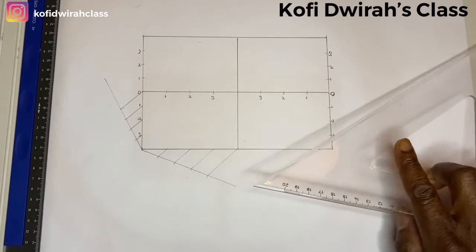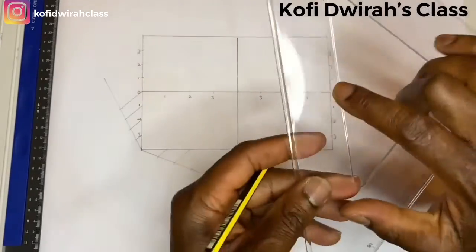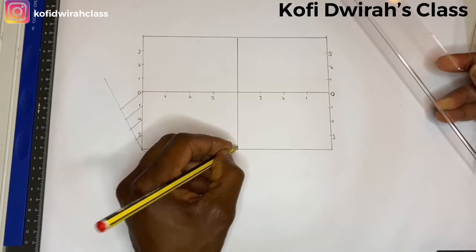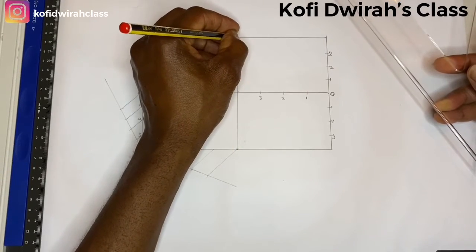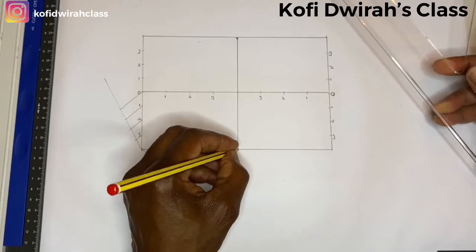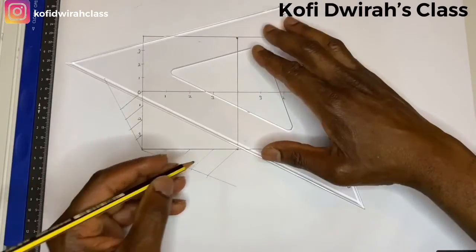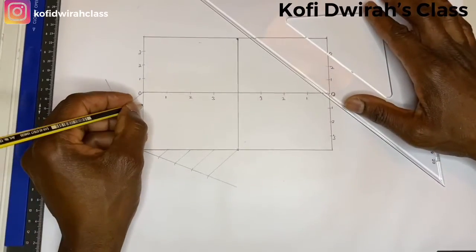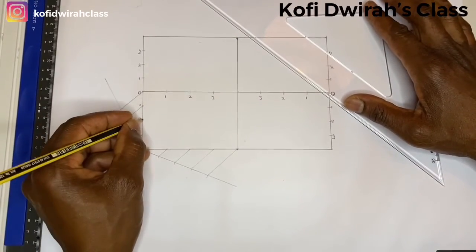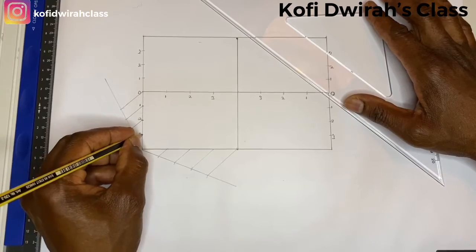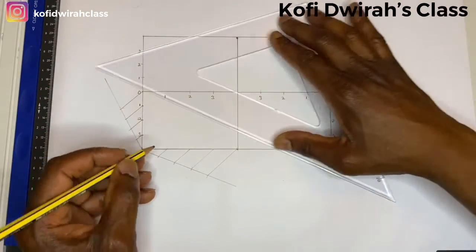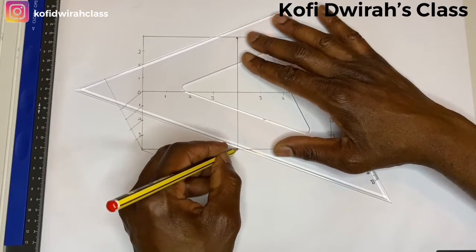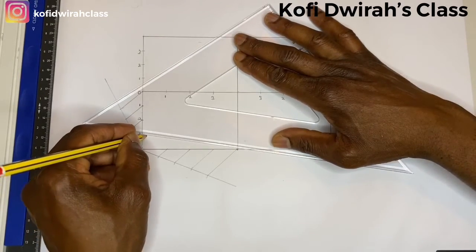So now we start the construction. Now we are going to use these points. So first, from this point, you draw a line, let me mark it well here, from this point to 3.